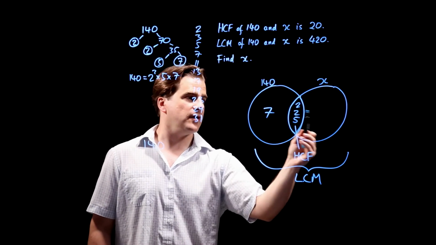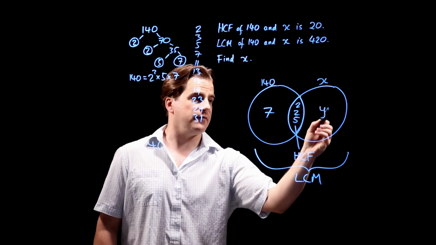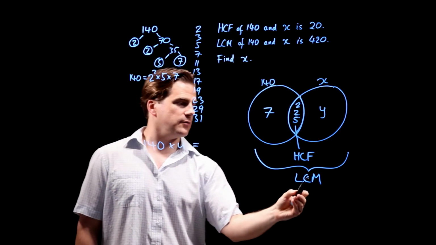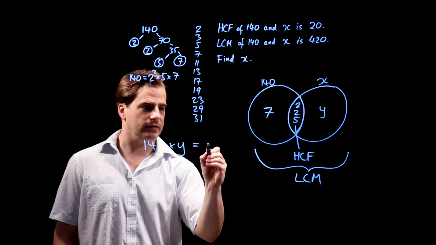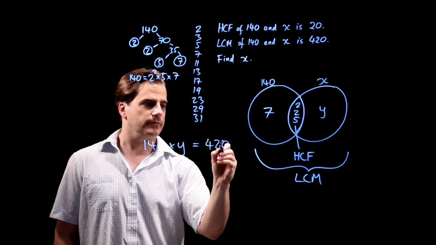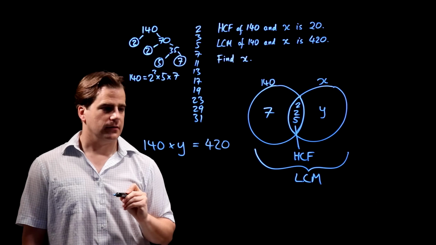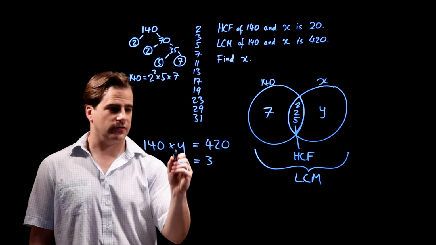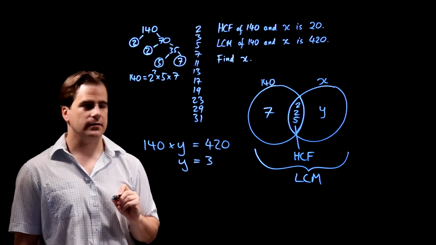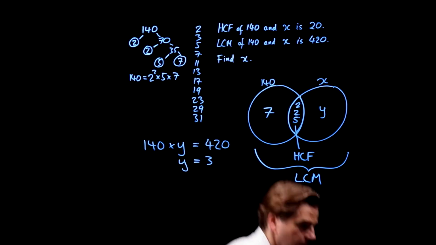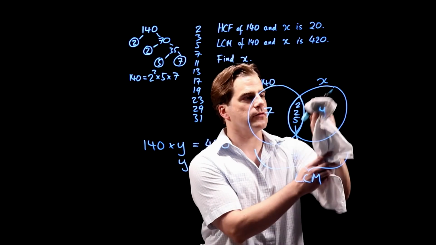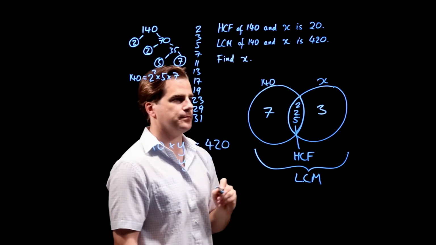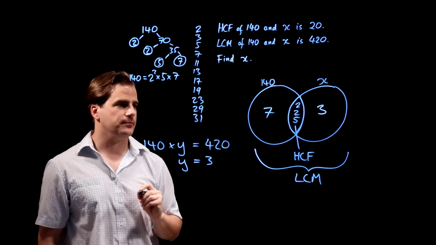So 140 times, let's call it y, whatever's in there, must equal the lowest common multiple, which is 420. So y is 3, because 3 times 140 is 420. Okay, we've completed the diagram.